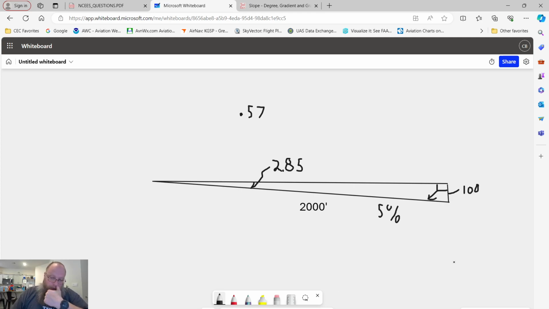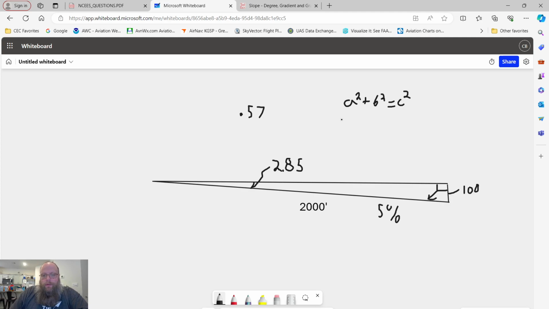Well, so we have two angles and two sides. Should be fairly easy from here. You can use your Pythagorean theorem, which is, since this is across from your 90, that's going to be your hypotenuse. So a squared plus b squared is equal to c squared, is what they tell me.